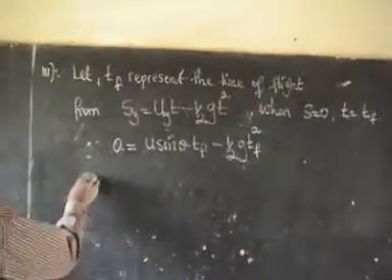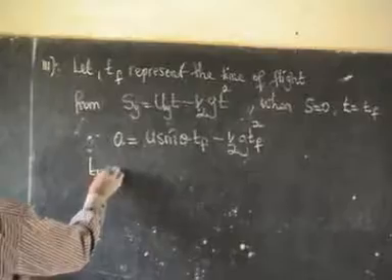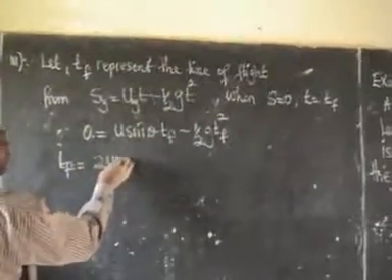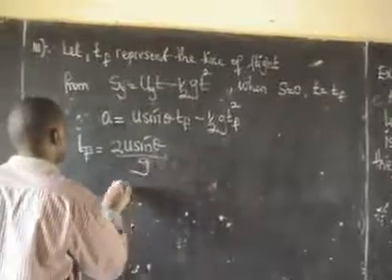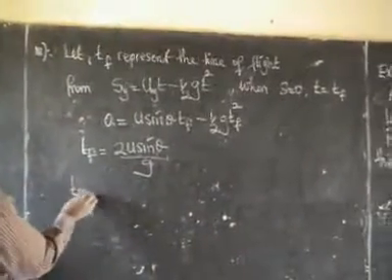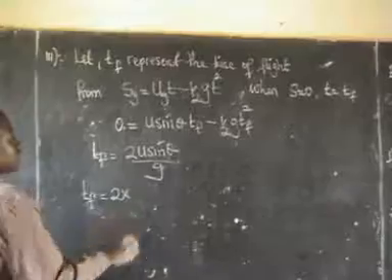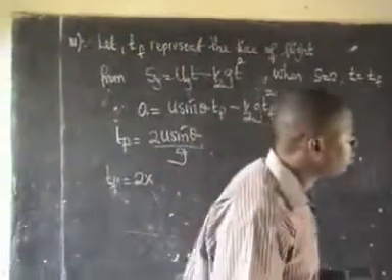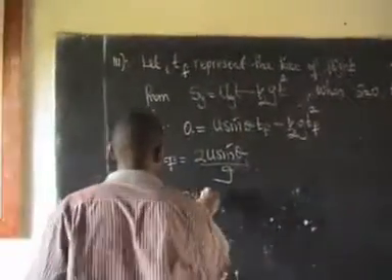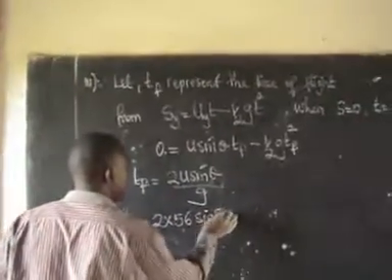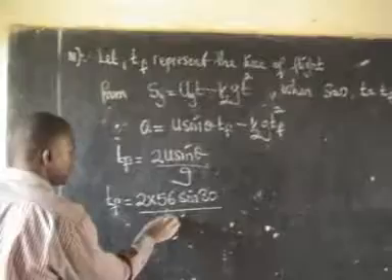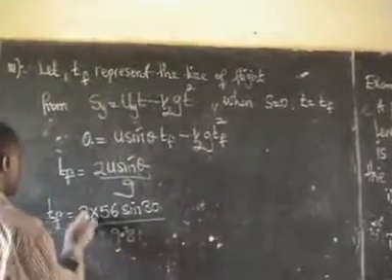When you make TF the subject, you will get twice U sine theta divided by G. Substitute the values, you will get 2 times U, which is 56, sine 30, divided by G, 9.81.